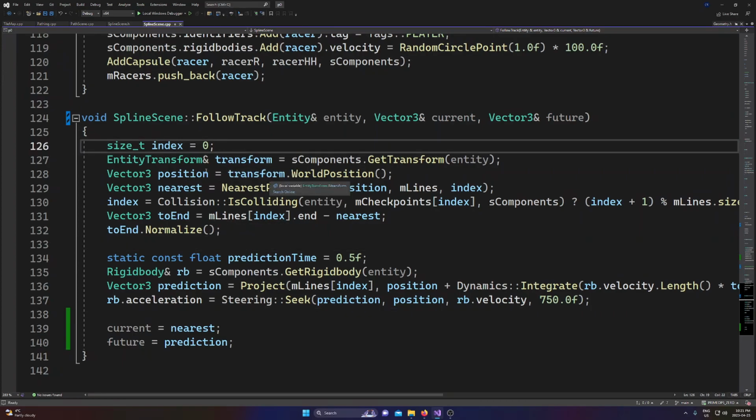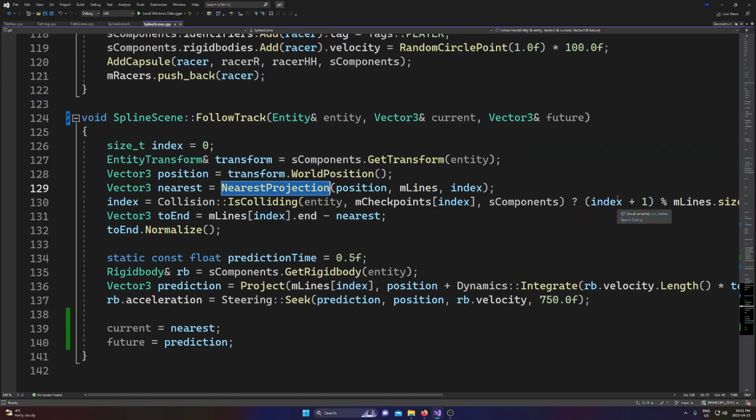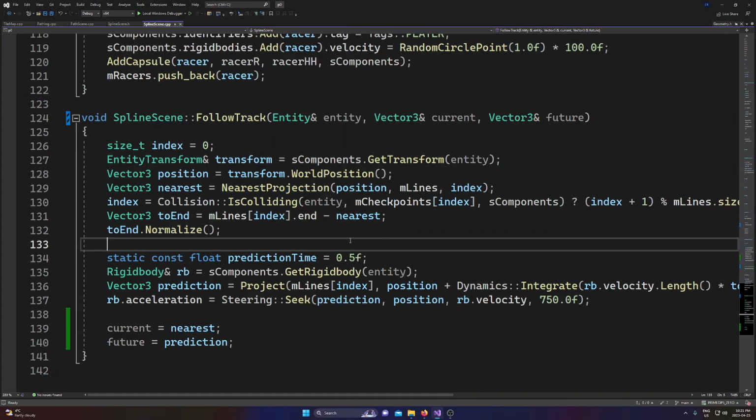What happens is, given our entity's position, we start out by finding the nearest projection along the racetrack. So we project the position onto all lines of the racetrack and then find the closest one based off a simple distance calculation. So that line segment is assumed to be the one we want to follow.